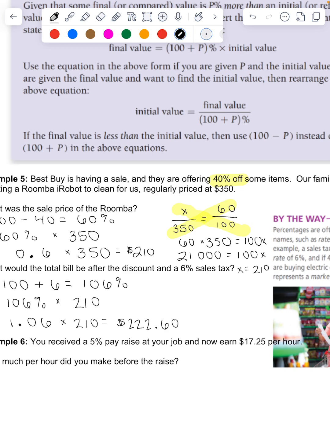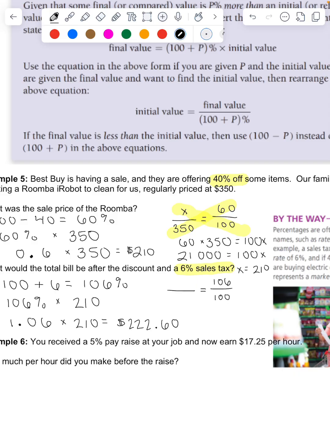Again, if you don't want to do anything different, you can set it up as a proportion. The key here is, again, you can't just put 6% in. Because it's a 6% sales tax, we're adding on the 6%. So you would have to put 106 in my proportion.